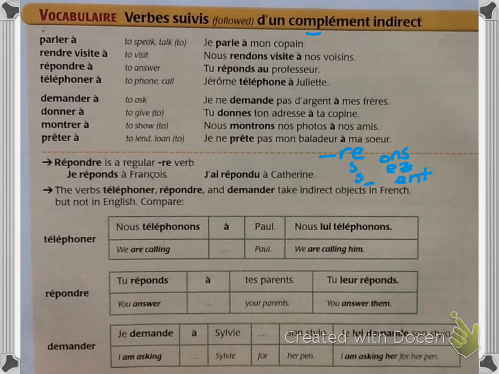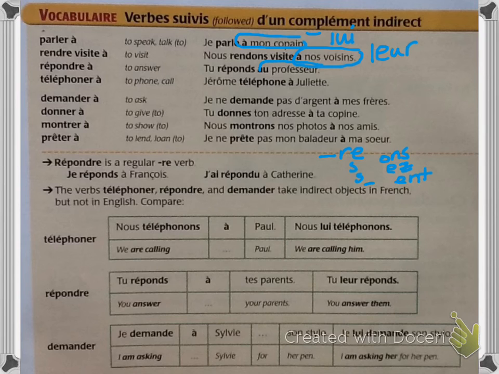So again, if I didn't want to have à mon copain in here, I would use lui. So it would be je lui parle. If I didn't want to have à nos voisins in here, I'd use leur. Nous leur rendons visite.